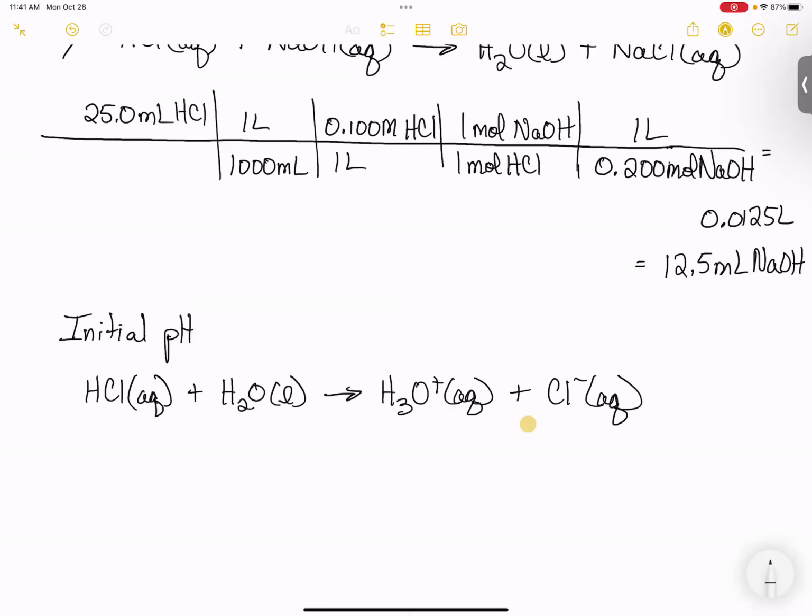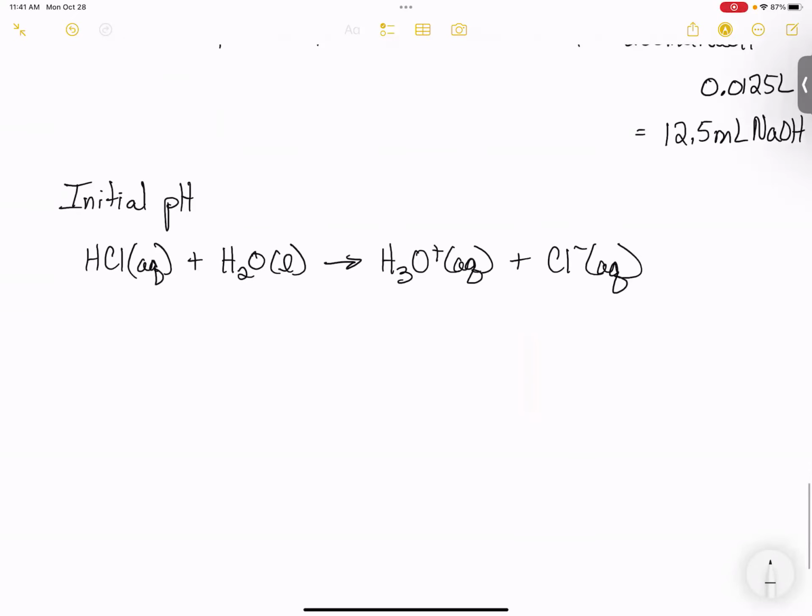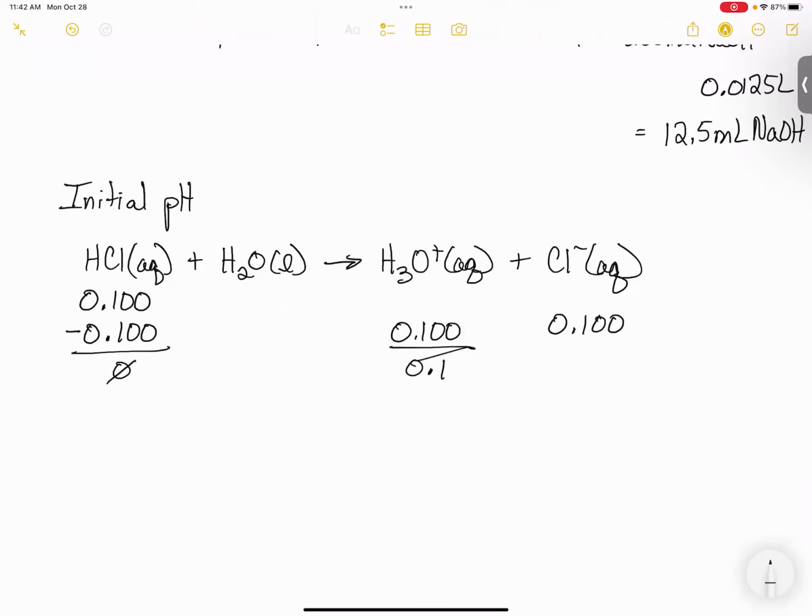If I start out with a 0.100 molar HCl solution and it dissociates entirely, that means I'm losing all 0.100 of the HCl. I will gain 0.100 of the hydronium and gain 0.100 of the chloride. So when it's all said and done, there's no HCl. What there is, is 0.100 of the hydronium and 0.100 of the chloride.